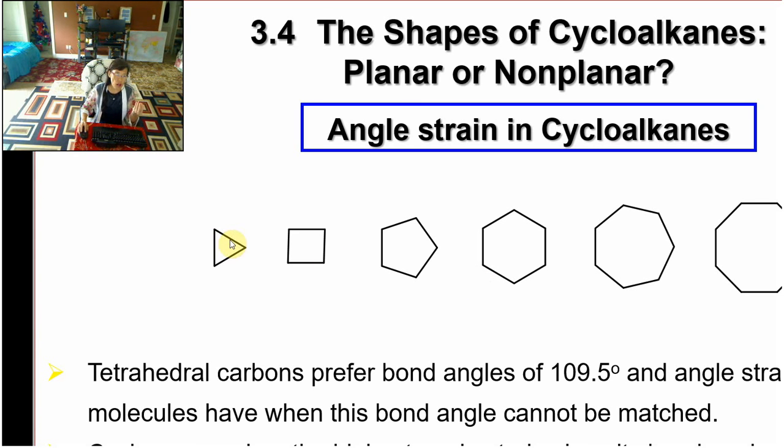Based on this geometry, say for this triangle, your bond angle is supposed to be 60 degrees. However, for your single-bonded carbon, you have that sp3 hybridization, meaning you have a tetrahedral structure, which is preferred. Tetrahedral carbon prefers a bond angle of 109.5.